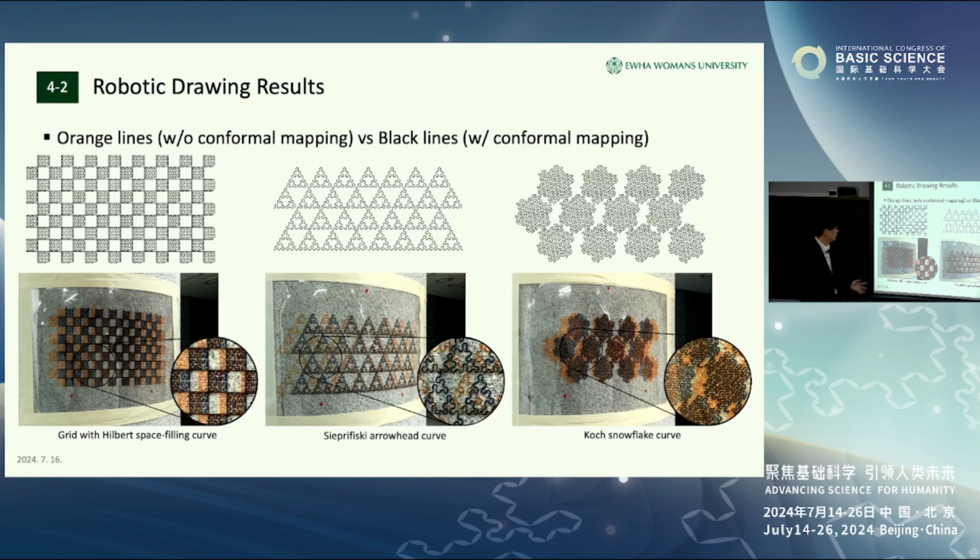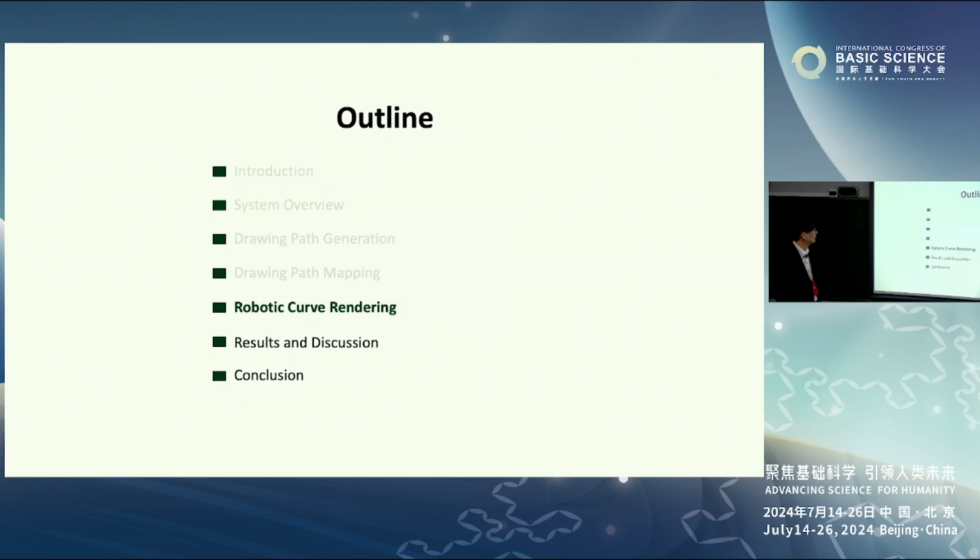And if you do not use a proper mapping technique like conformal mapping, you might end up with this orange line, which is just slightly off from these black lines, which preserve the shape of the original input better. So there is a difference whether we're using conformal mapping or not. So that's the second step.